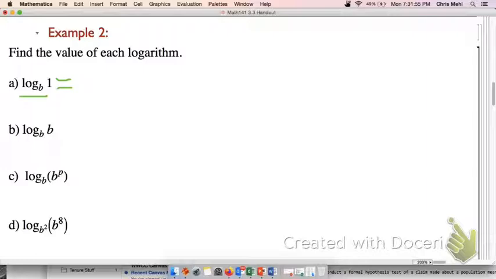In this case, I'd get 0, and this is because b to the 0 is equal to 1.